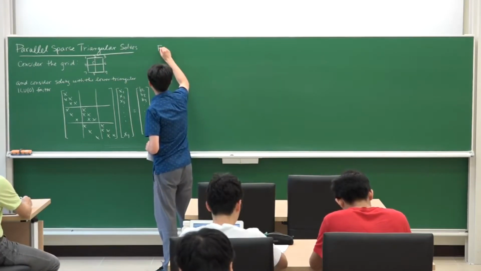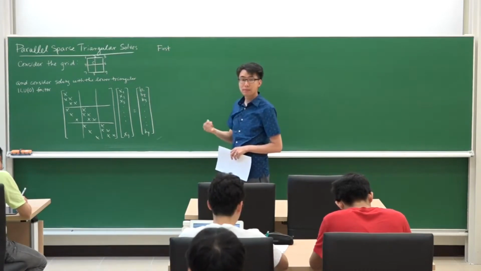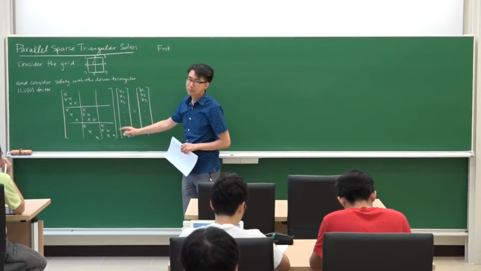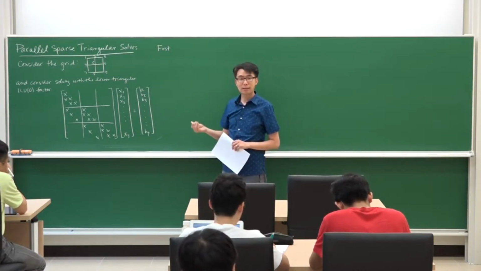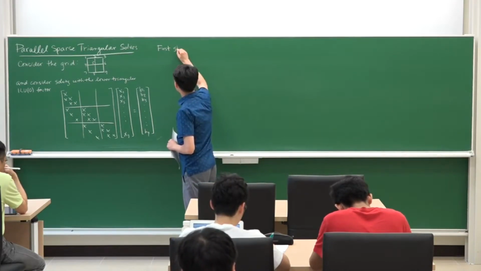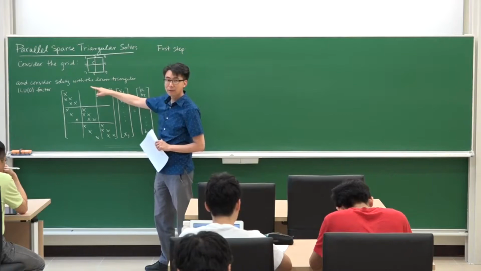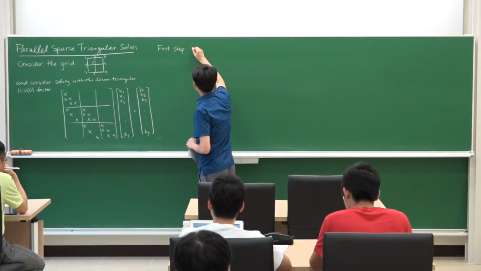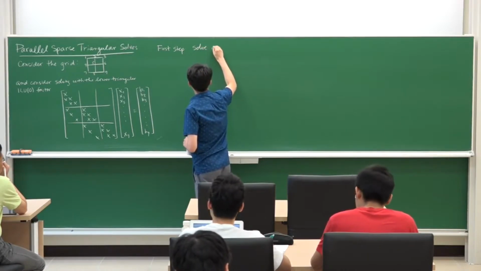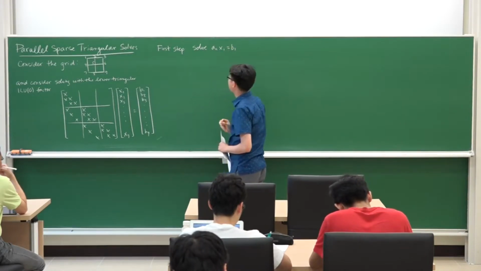So in the first step, now we're just going to use the standard forward substitution algorithm. And there is some parallelism because the factor is sparse. Okay? And I want to see how to figure out where the parallelism comes from. So in the first step, we're just going to compute x1 by solving this first equation. Right, we're going to solve A11 x1 equals B1. Right?